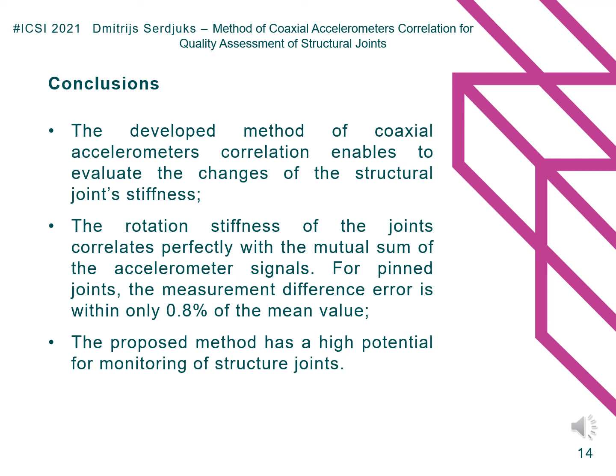The method is based on the mathematical analysis of natural vibrations of structural joints in 3D spatial directions using 3D accelerometers located at different parts of the joint and oriented coaxially. The method enables evaluation of the changes of the structural joint stiffness caused by its damages in the process of exploitation.